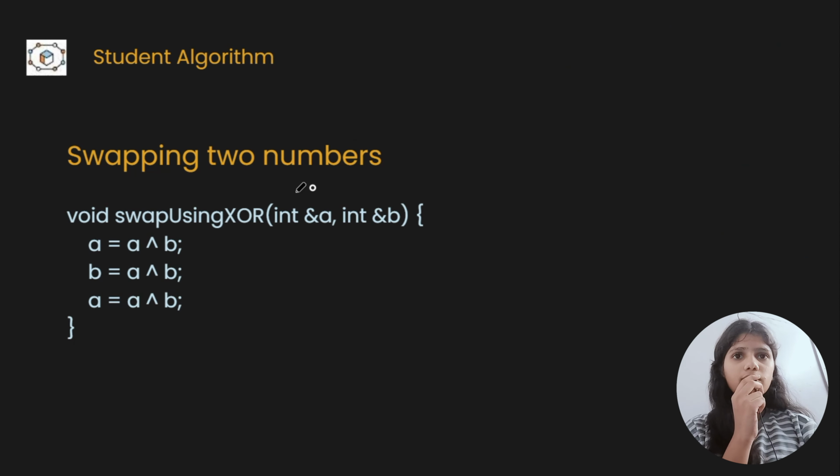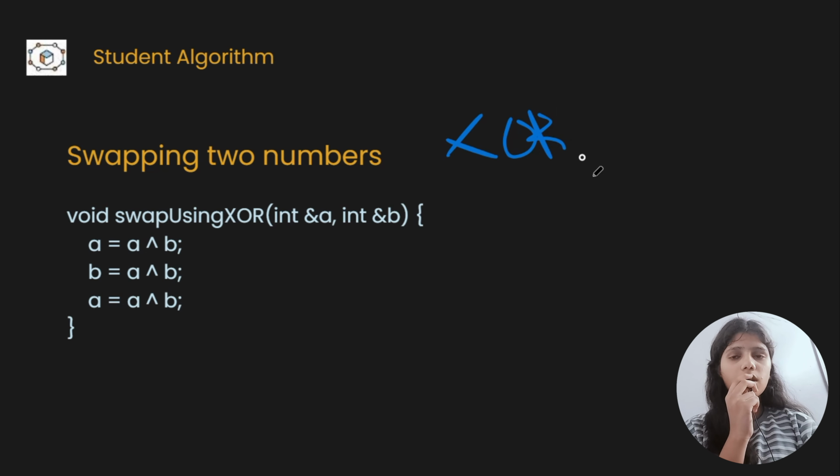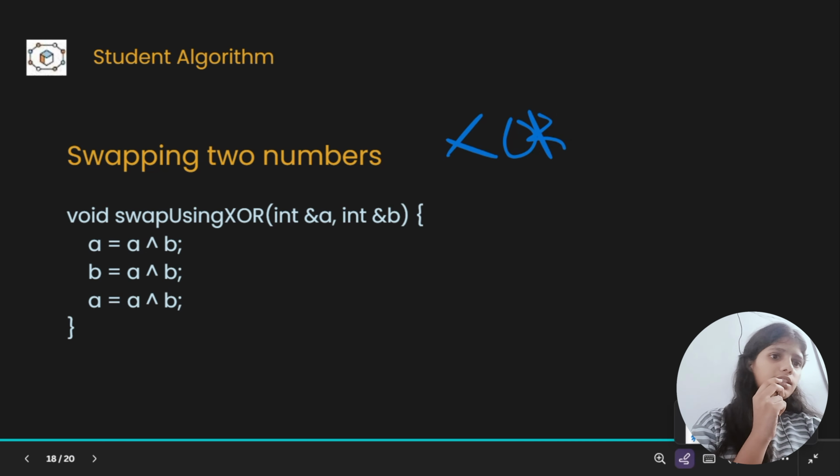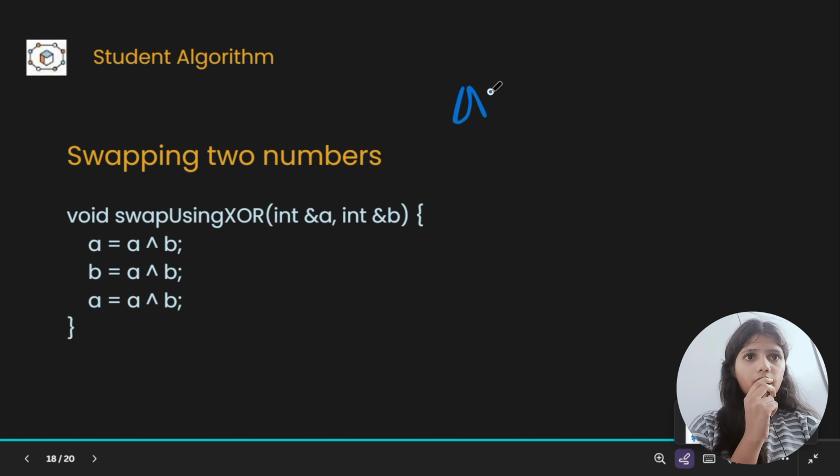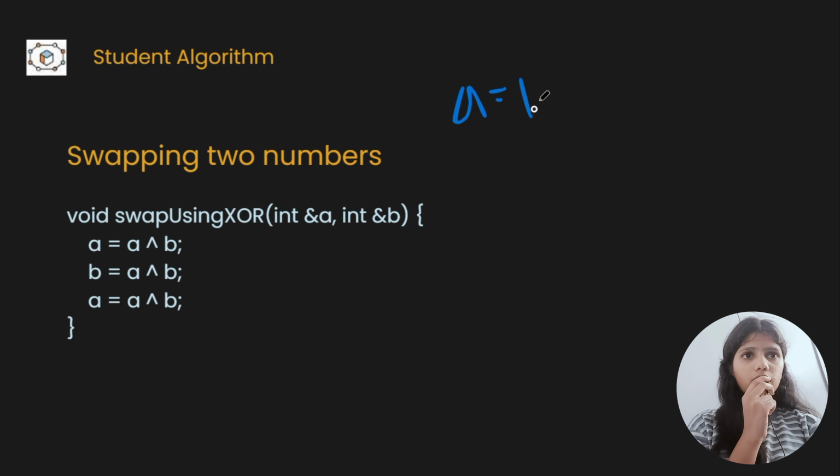Now let's move to swapping two numbers using XOR. We will do this with the XOR operation. Let's consider the same example: a equals 10 and b equals 5. Got it?